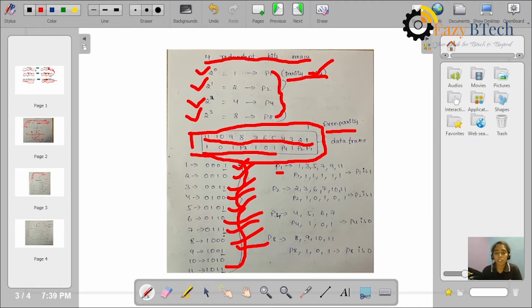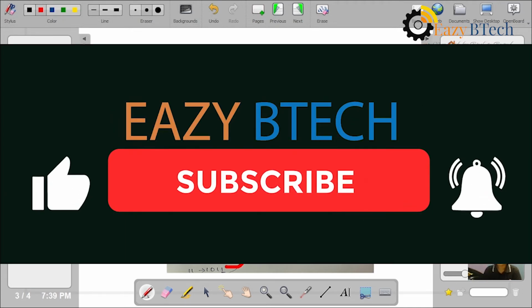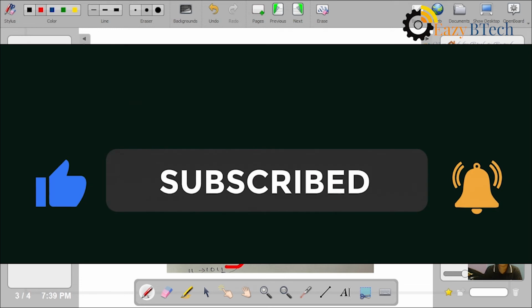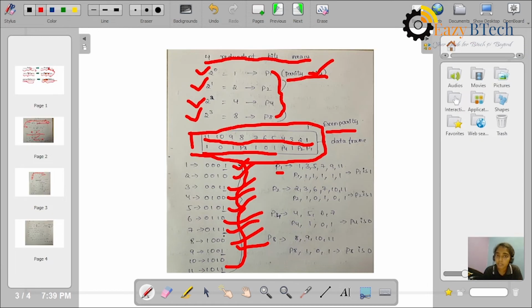So first of all, to identify the parity bits, parity bits means P1, P2, P4, P8. These are the redundant bits we call them. Okay, we have to identify for each of them, starting with P1, where in this data unit the ones are. So identify the first position ones: 1, 3, 5, 7, 9, 11.